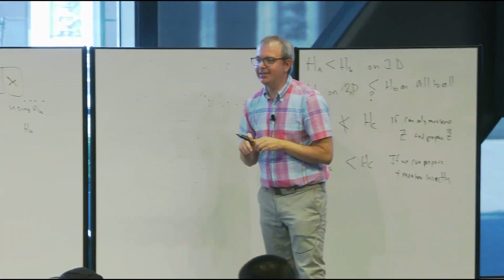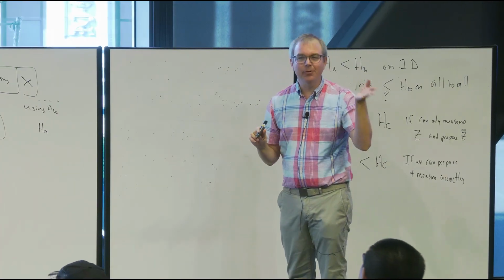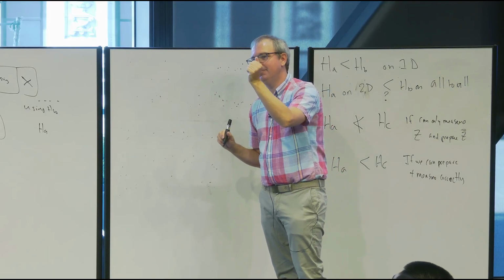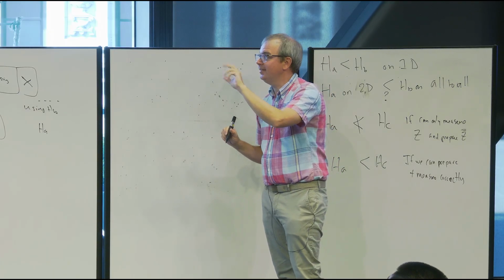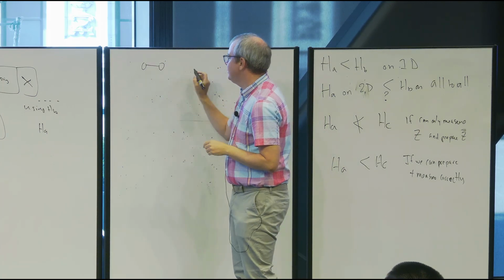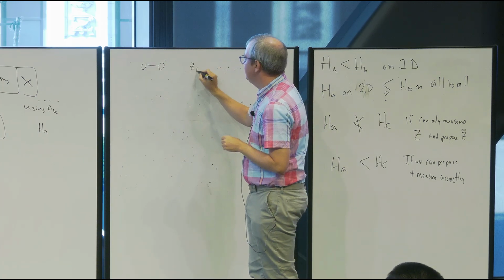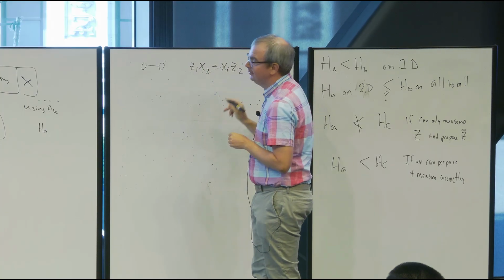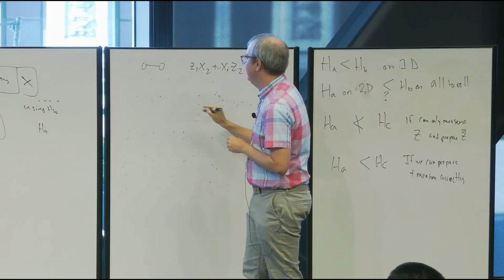Okay, so let's get started. There's a good question about what I meant by this sum. So one possibility is this is z1 x2 plus x1 z2. That's a fun possibility.